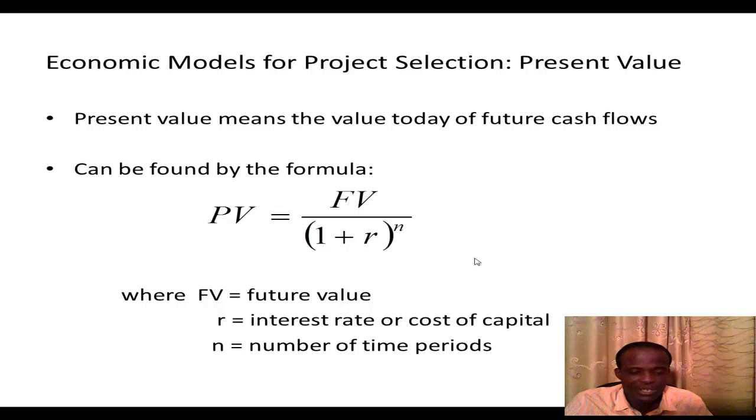So if it's estimated that the project will make some money in 5 years, within every year of the 5 years, you have to know the expected cash flow, and then with this formula you bring it to the present, with the appropriate interest rate.